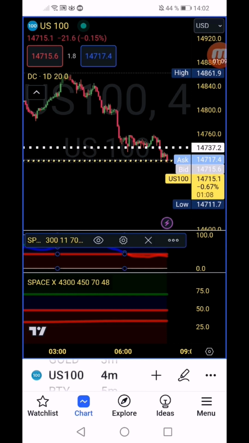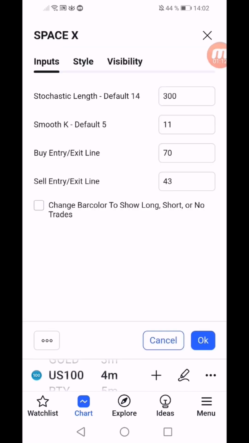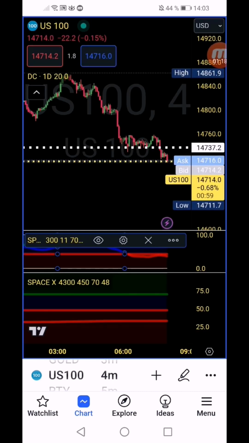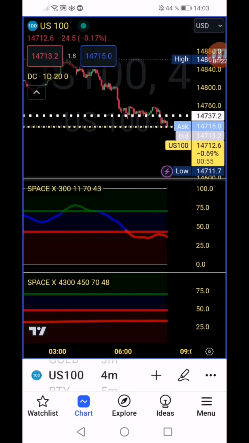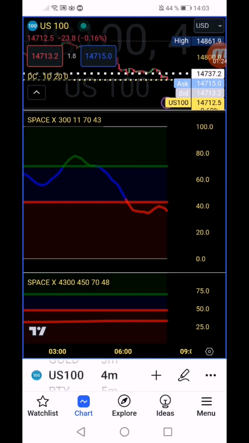And then we have for buy and sell the second SpaceX 311, 70, and 43. And this is a very nice indicator, very simple, you can use, as I can show you here.